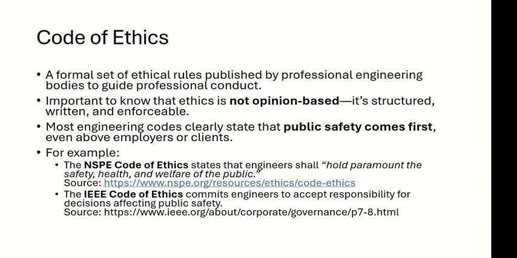A code of ethics is a set of rules which are published by an engineering body. Obviously the person who is giving you the rule must be an expert, right? So in this case, the expert is the engineering body, an organization which is related to engineering.